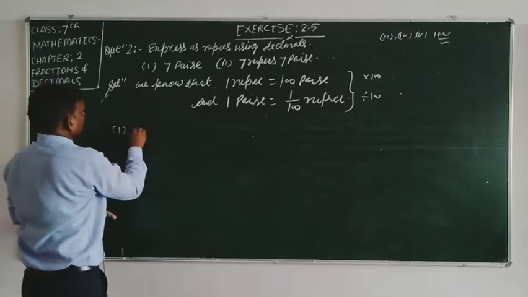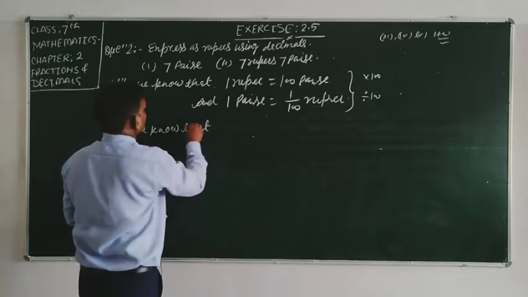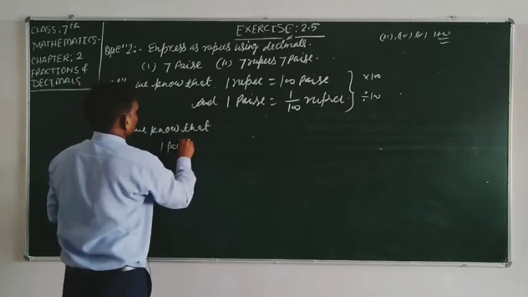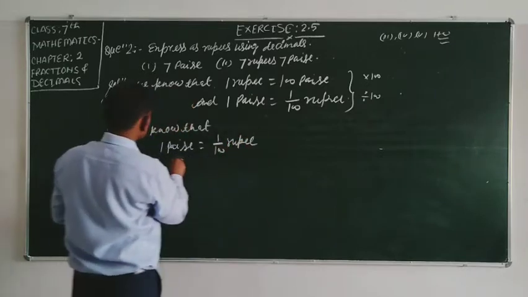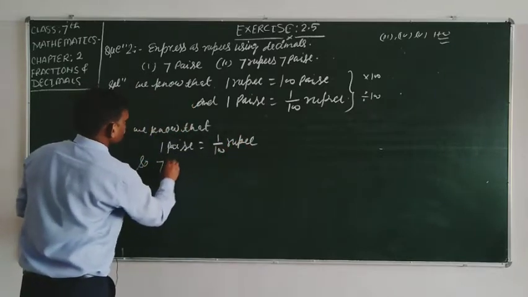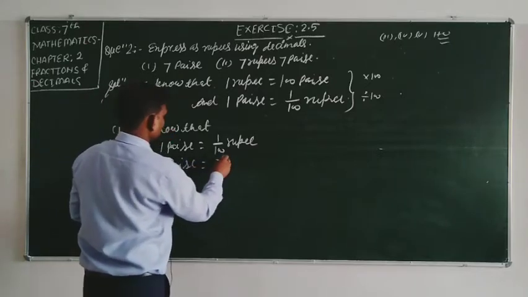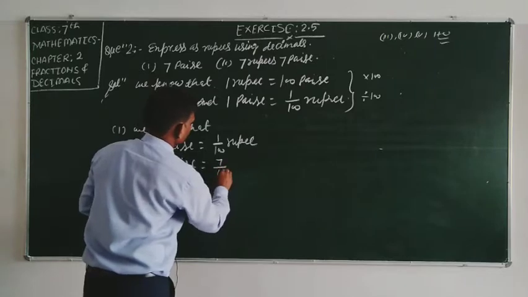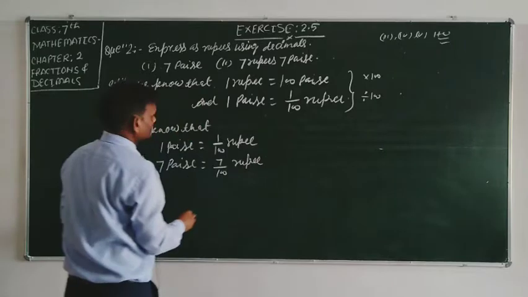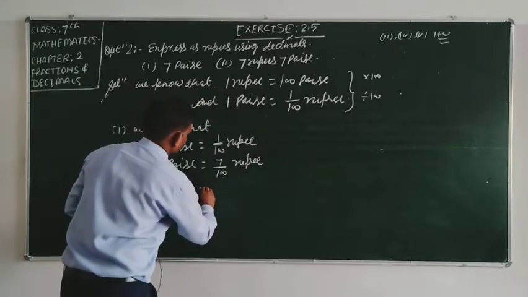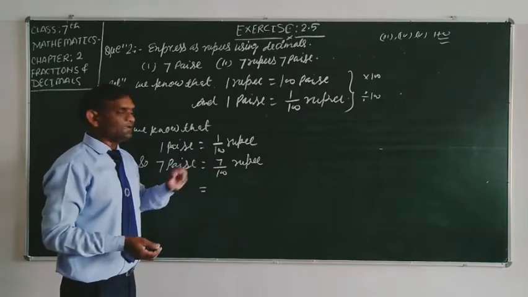7 पैसे. First part, we know that 1 पैसे is equal to 1 upon 100 rupee. So 7 पैसे is equal to 7 upon 100 rupee. And student, how can you divide 7 by 100?